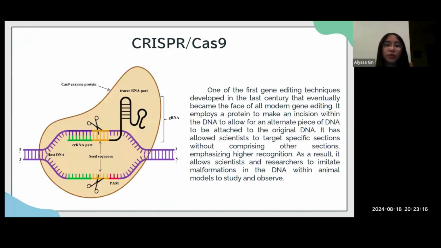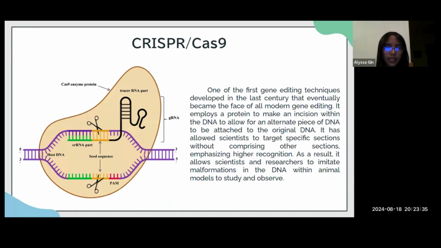And then you have the CRISPR-Cas9 tool, and it is one of the first gene editing techniques developed that became the face of all modern gene editing. It employs a protein to make an incision within the DNA to allow for an alternate piece of DNA to be attached to the original.